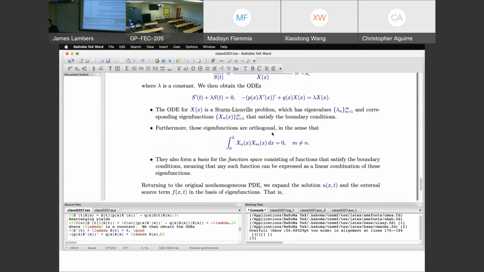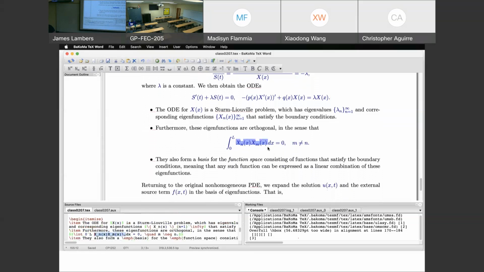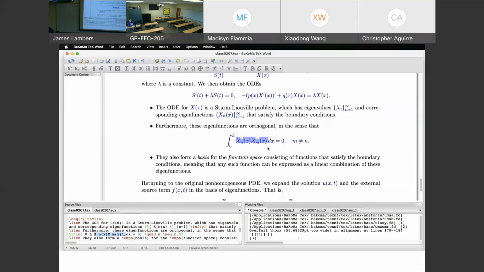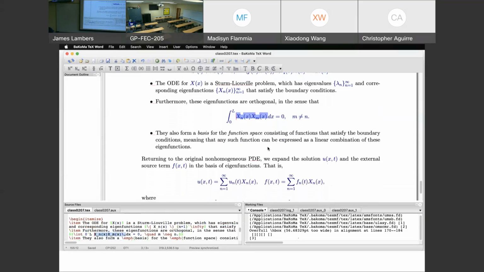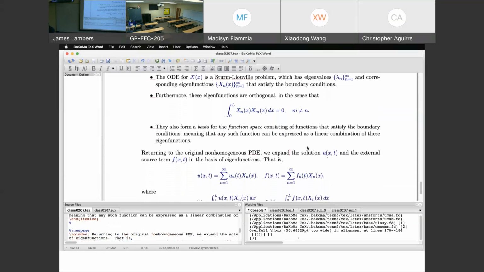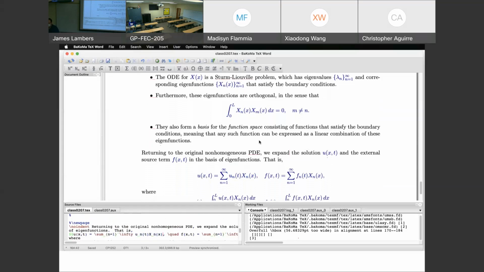So, if we're able to find these by returning to the homogeneous PDE, how does it help us solve the original non-homogeneous PDE? Here's what we do. You express your solution as a linear combination of your eigenfunctions that come from your spatial ODE.